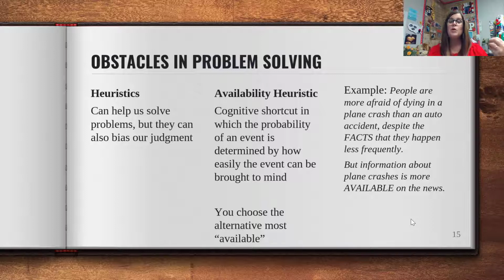But when we hear about a plane crash, it seems to be much more tragic. And so that information is more available to us because we see it, we hear it on the news. And that's what we call an availability heuristic. You make your decision, you solve your problem based on the available information that you have.